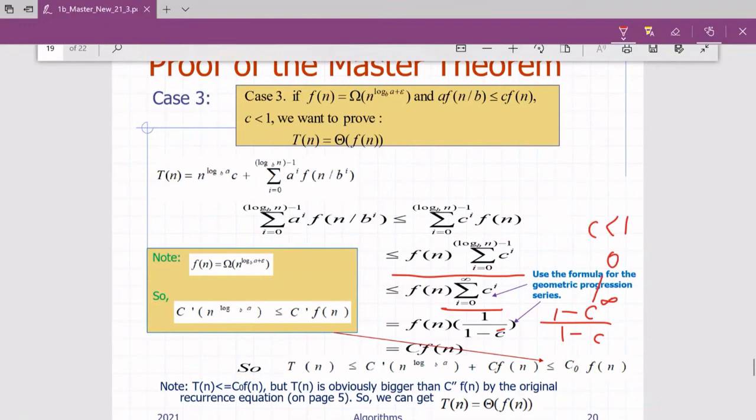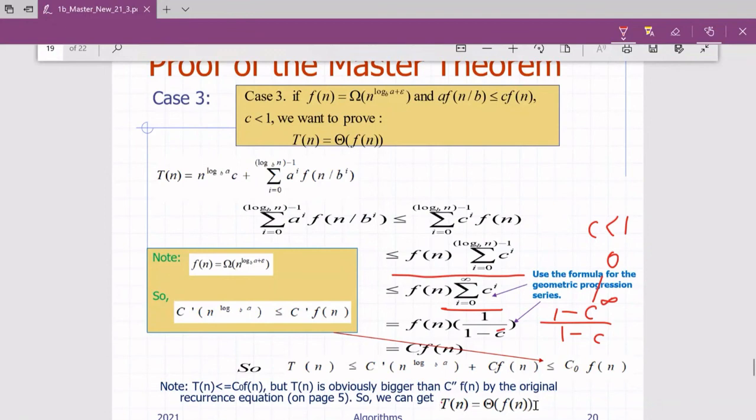Okay. And a little bit of detail of why it's less than or equal to here. But if we consider this equation, the first equation, we will get T(n) equals exactly f(n).